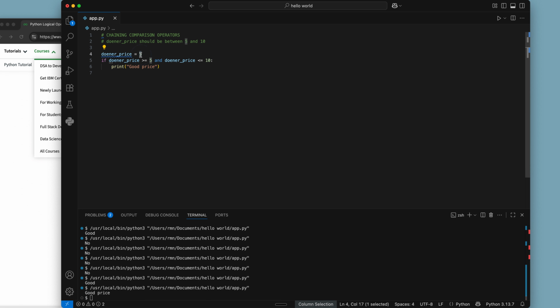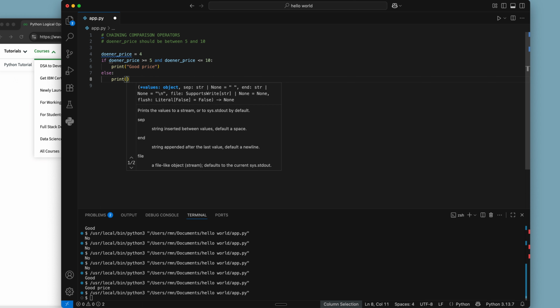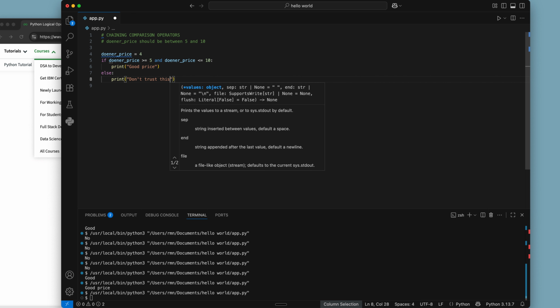Okay, 5. What happens if I do 4 here? It doesn't output anything because I didn't add the else colon. Print, don't trust this.